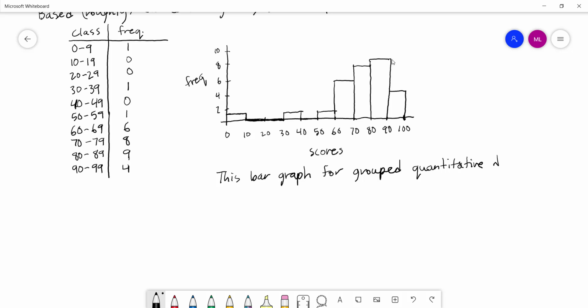A bar graph for quantitative data is called a histogram. And this is going to be one of the main types of graphs that we'll be focusing on. Setting up exactly, going through the process we did here, setting up classes, counting the frequencies, and then creating the graph from there.